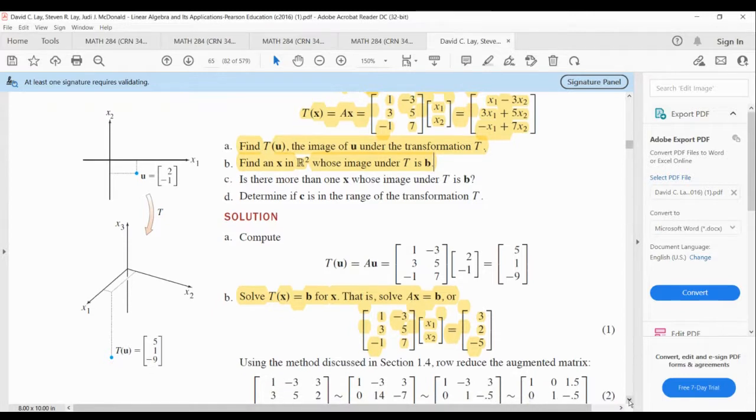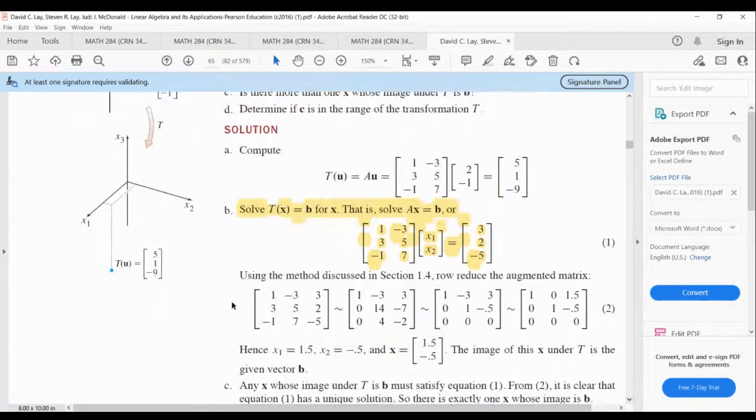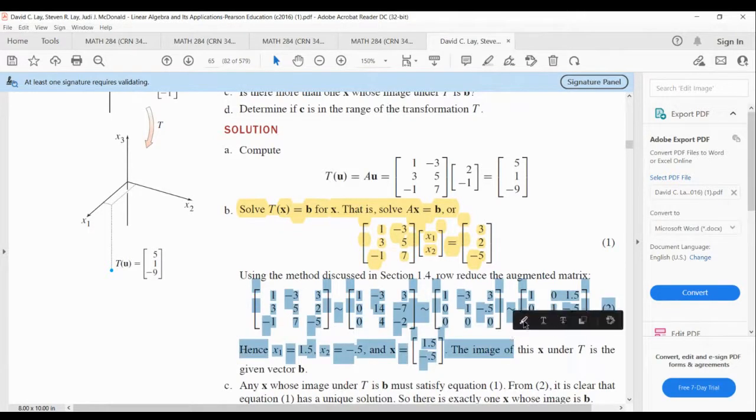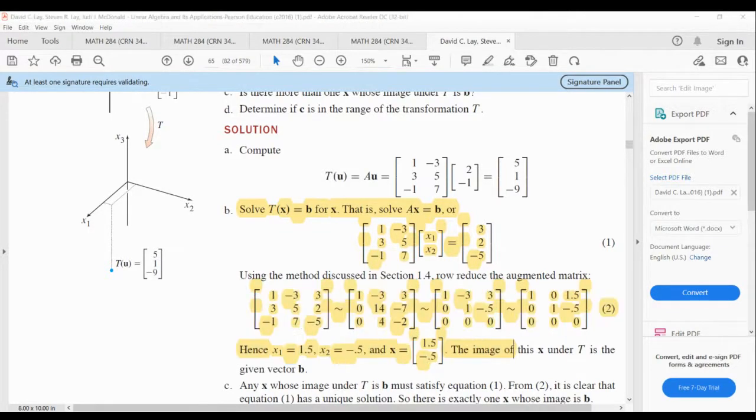So, you just go forth and set up your augmented matrix for this matrix equation, something you should know how to do, and solve for the vector x. And the vector x, you'll have 1.5 and -0.5.